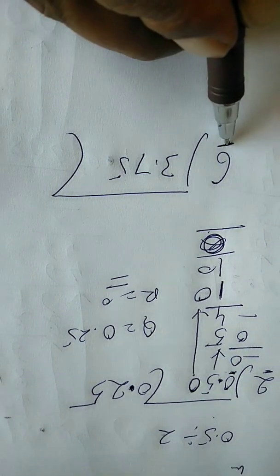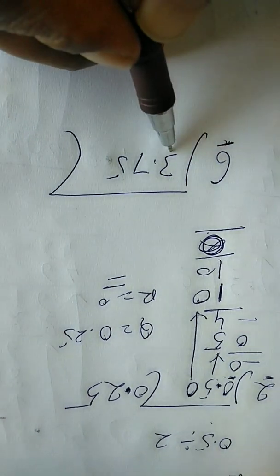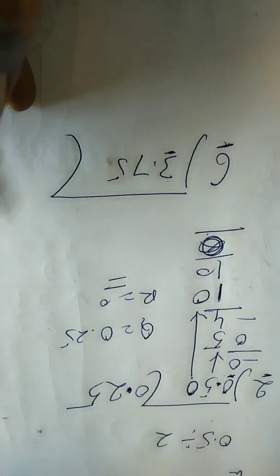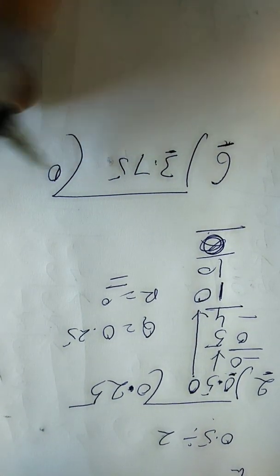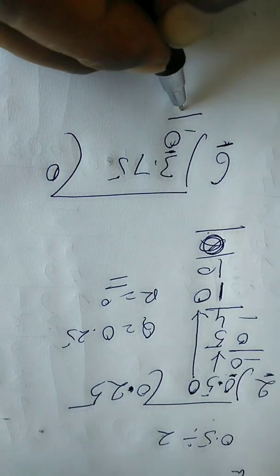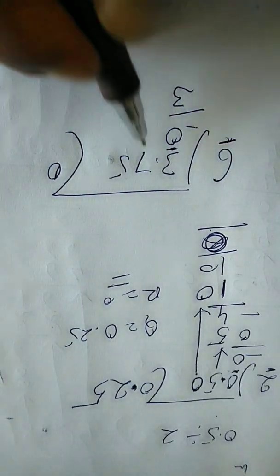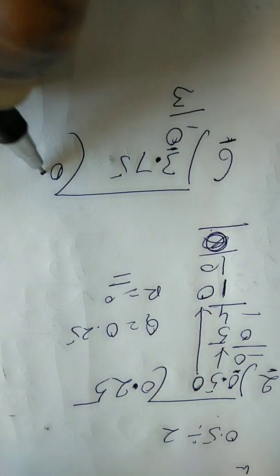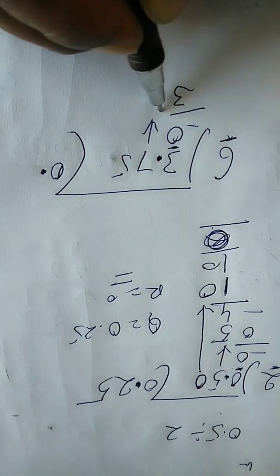So how can I divide it by 6? One digit in the divisor, you will take one digit from the dividend. So 3 is there, 6 0s are the 0. So 3 is left now. After that, it is the turn of the decimal. Put the decimal in the quotient and down the next digit 7.